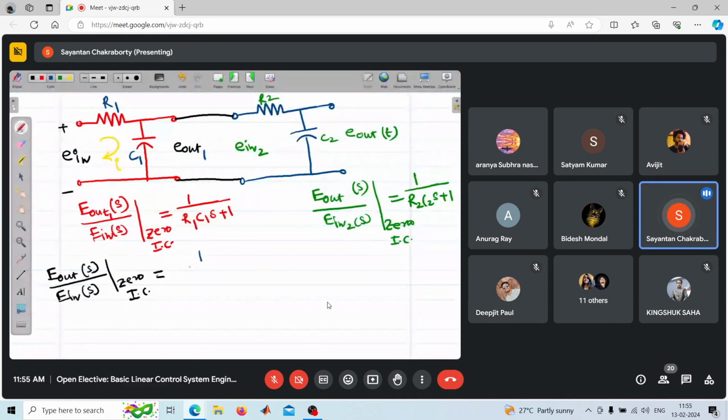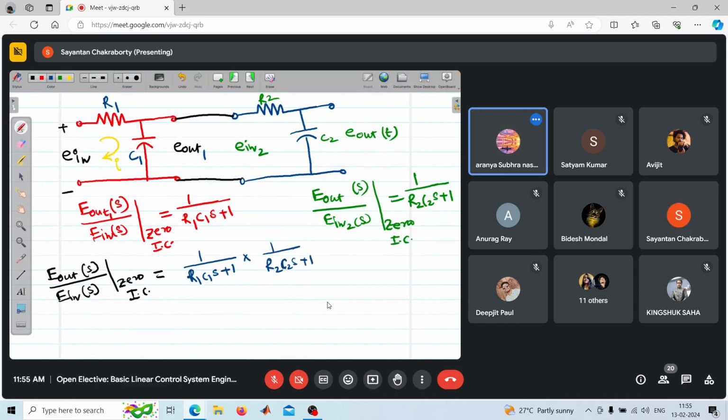That means you want to say it will be like R1 C1 s into... No sir, division. Why? Because E out 1 and E in 2 are equal, actually, so we can just cancel that out.